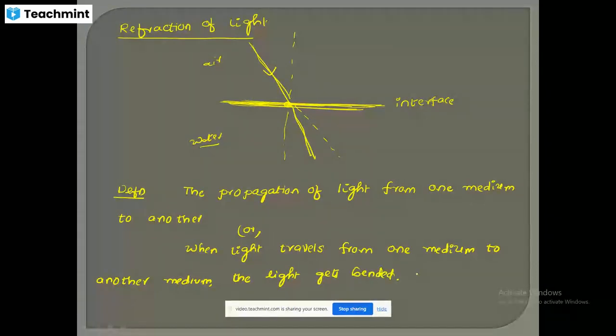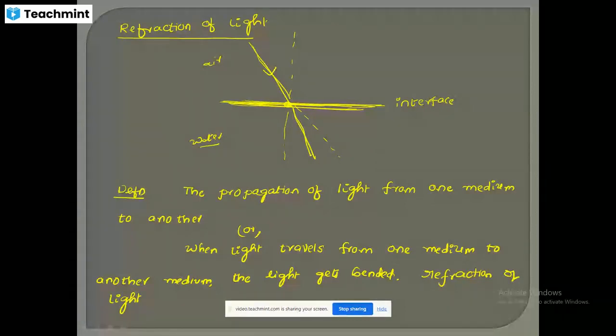The bending of light is called refraction. This phenomenon is called refraction of light. This is the definition of refraction of light. Simply, we can say that light travels from one medium to another medium.